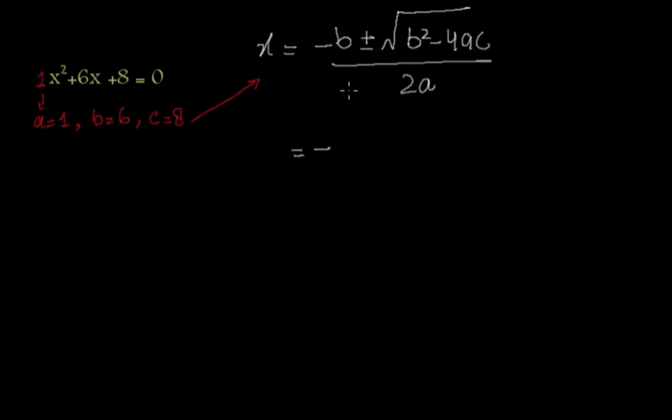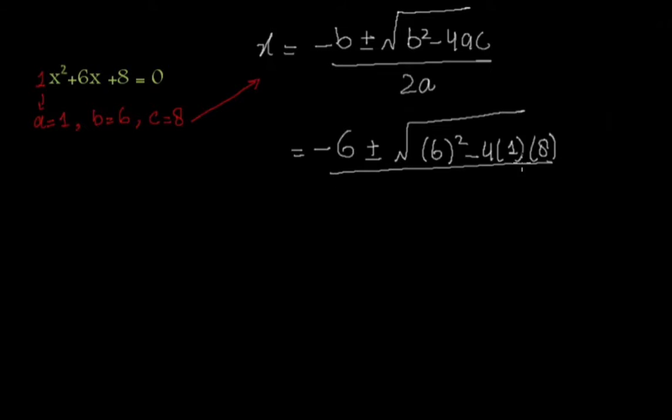So negative b, that is 6, plus and minus square root b square, that means 6 square, negative 4 times a and c, that is 8, over 2a.